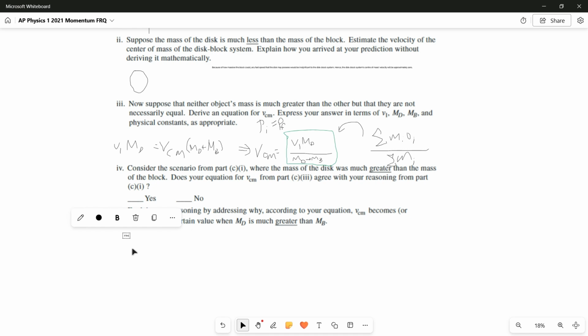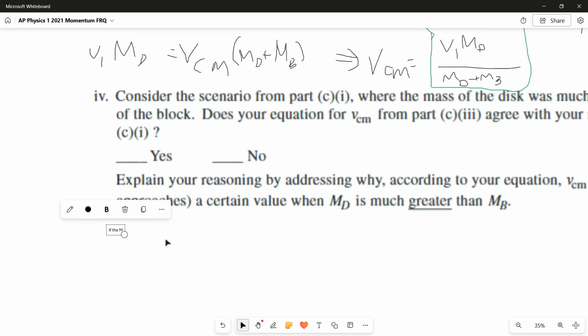If the mass of the disk is much greater than the mass of a block, then the denominator simplifies to MD because of the insignificance of the term MB.